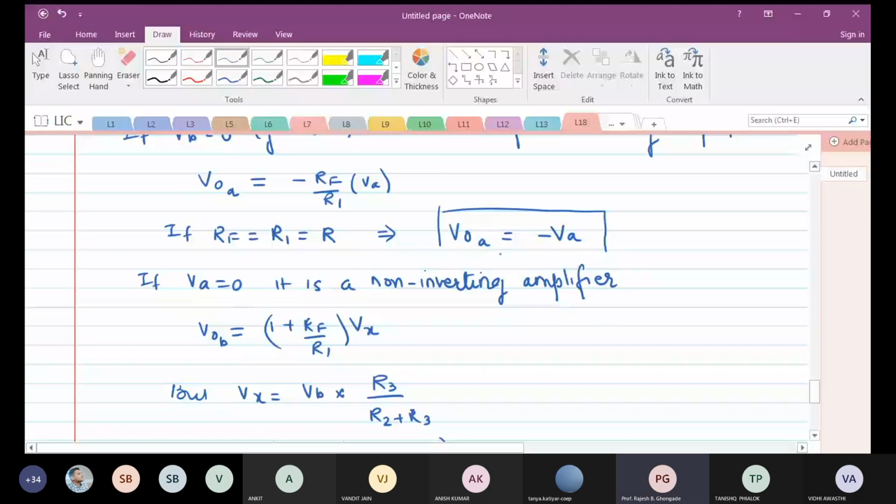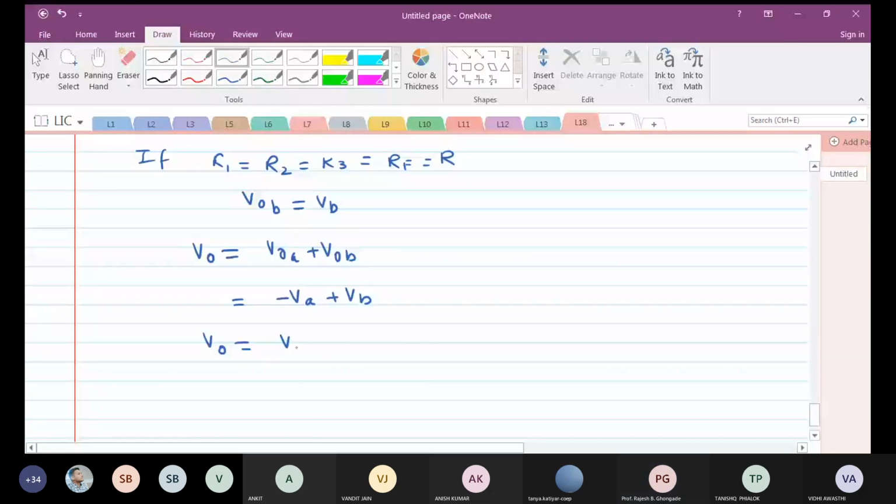So what do I get here? The output voltage is the difference between the two input voltages, right? Yes, sir. That is the reason why it is called a difference amplifier.